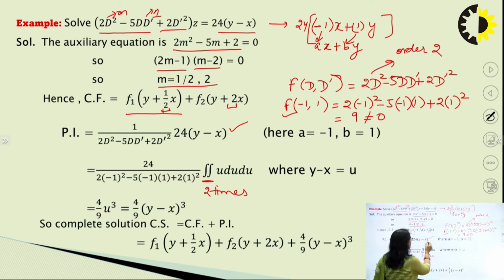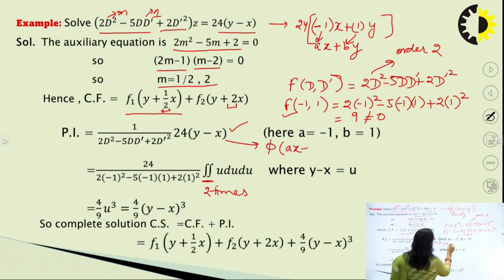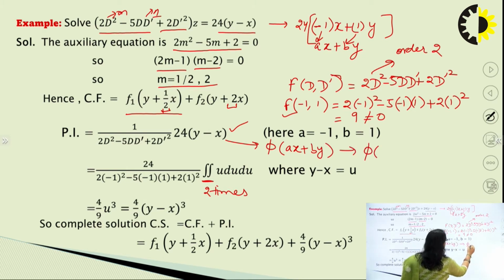And instead of y minus x, this was my phi(ax plus by), so this will be replaced by phi(u).